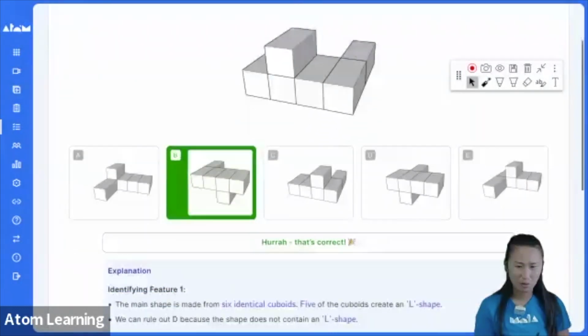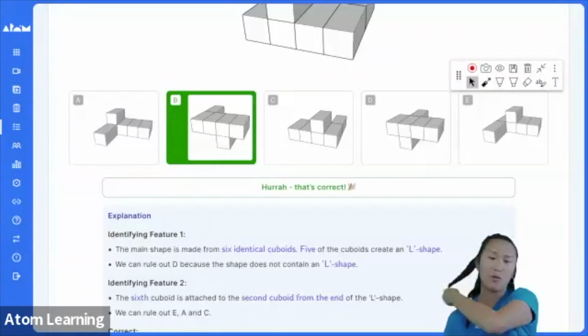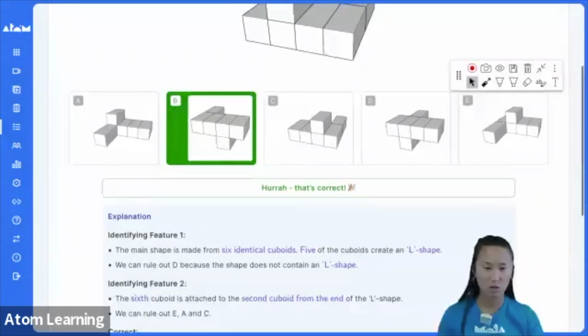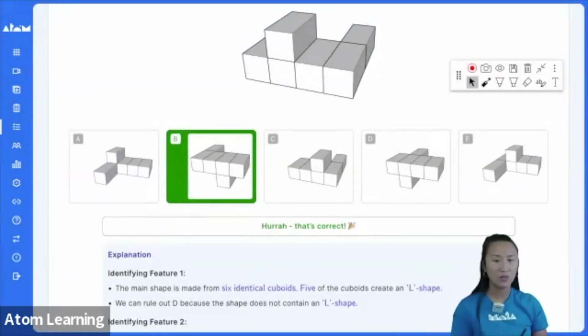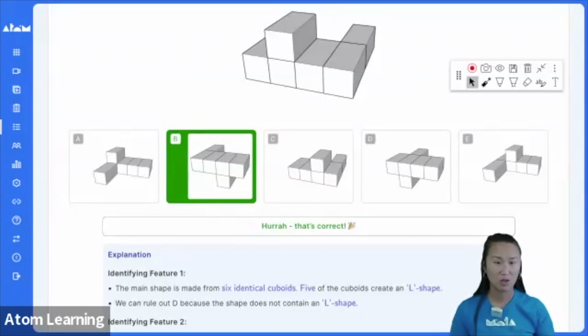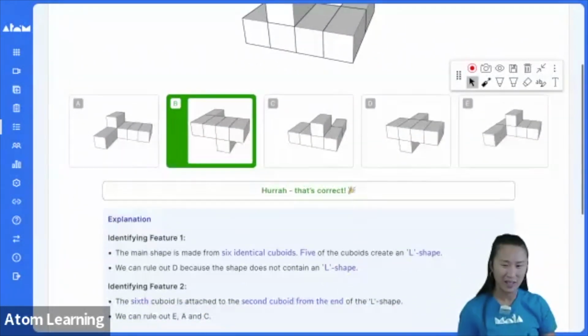Well done, you. Let's start off by identifying some of our elements or identifying features. The main shape is made from 6 identical cuboids, and 5 of the cuboids create an L shape. That means we can immediately rule out D because there is no L shape. It's a lowercase t.